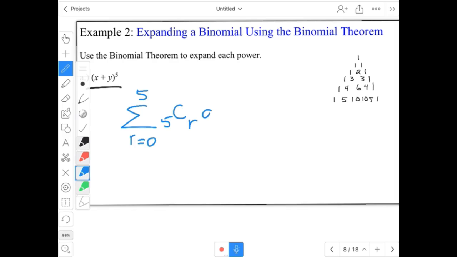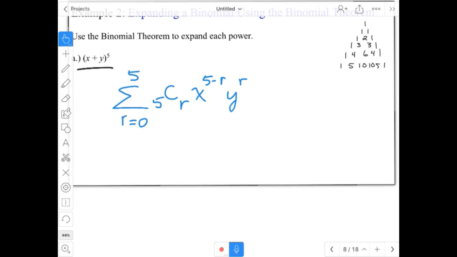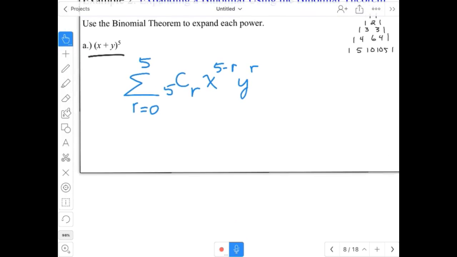And then I'm going to have a, which will be x in this case, to the 5 minus r, and then our y term to the r. So if that didn't make sense, that's fine. Let's actually use that. So what this tells me is that 5 combination r, we start r at 0, so it's going to be 5 combination 0.